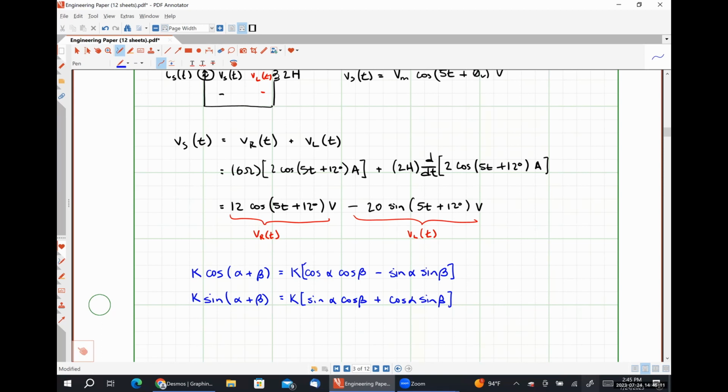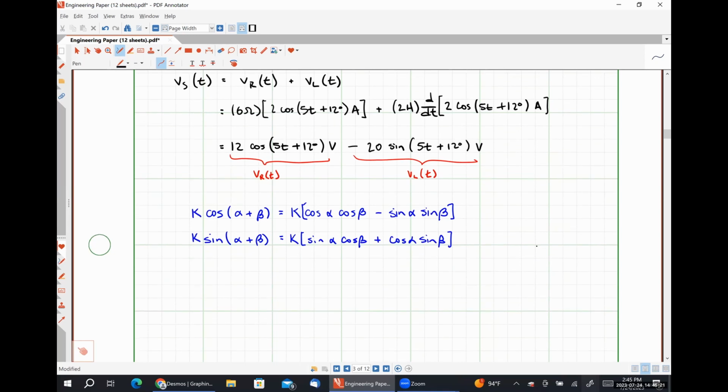So we're going to apply this first trig identity to the VR relationship, and the second trig identity to the VL relationship. What that's going to get us is Vs of t equal to 12 cosine of 5t plus 12 degrees. Let me show you this here real quick.